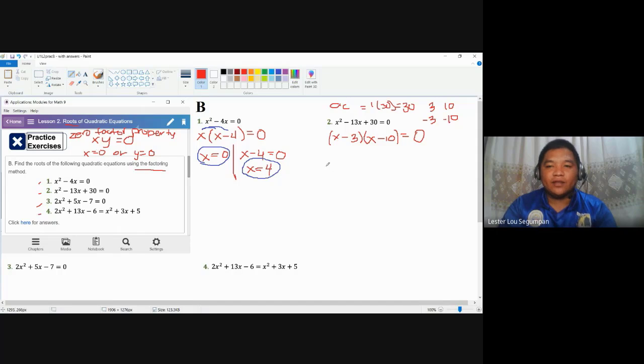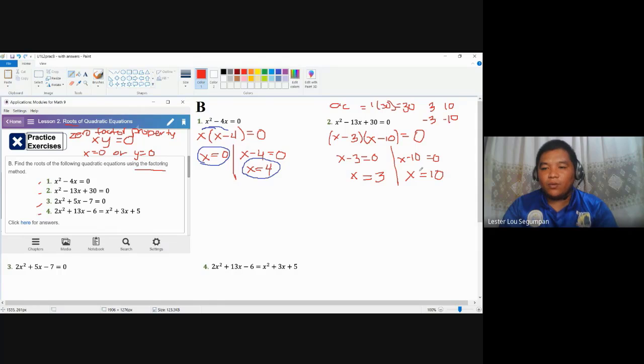So using the zero factor property, any of these two or both could be equal to 0. Because again, if this is 0, no matter what the value of this is, that's 0. So x is equal to 3, and on the other side, x is equal to 10.